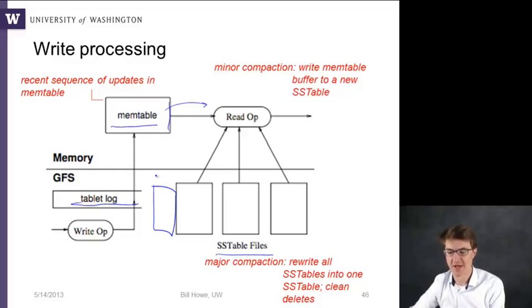Okay, and then a major compaction is take all the SS tables and rewrite them all into one big one that may be split into multiple files, and also clean up any deletes that have occurred. So deletes are just appended as instructions, but it doesn't actually remove anything, so they're garbage collected. Okay, and so this way you can keep the read throughput pretty high and keep this upkeep going on in the background.